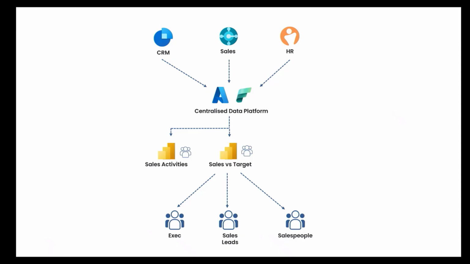It gave us their leave. It also gave them their working patterns, so who's an FTE. But it was at this point then that we understood the final piece of the jigsaw, which was how available is each salesperson and what part does that play in their overall performance. And it was only when we had these three systems and pieces of context together that we got a true picture and how to actually measure the sales team effectively.